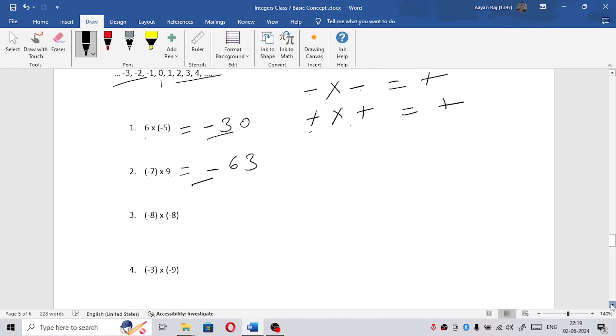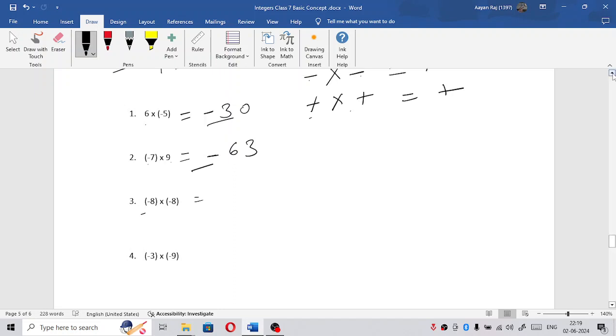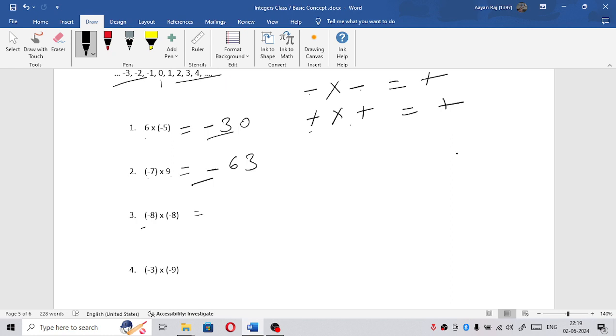Let's move ahead with the third question. If you see, both are negative integers, minus and minus. If you have seen earlier in the concept where we were discussing the sign and multiplication of the integers, here minus into minus, the sign will become positive.